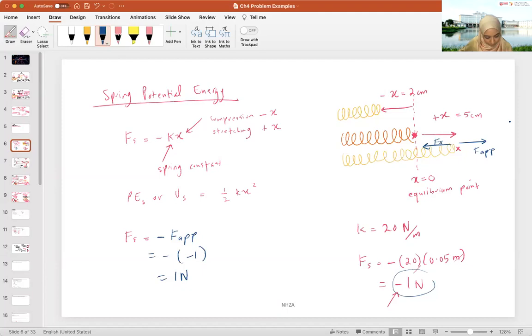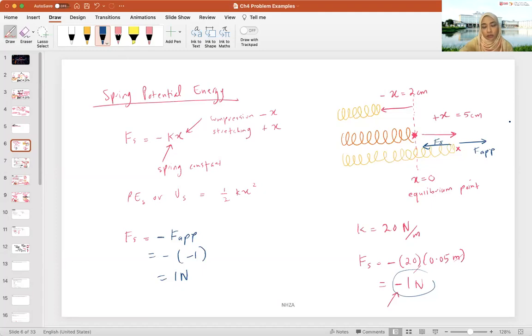Wait, what else did I want to say? I think I've finished explaining the work energy theorem. Ei equals to Ef with WNC as well. So all of this energy is in joules or in Newton meter, and they are all scalar quantity.